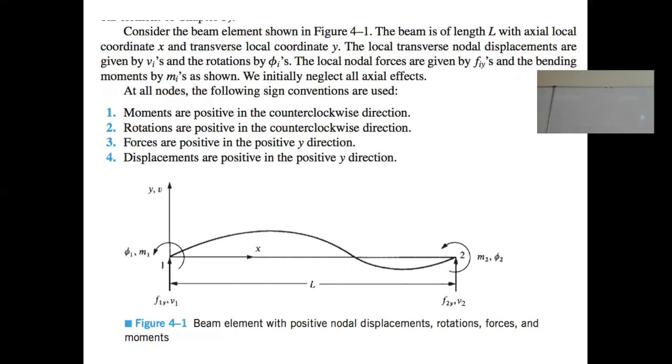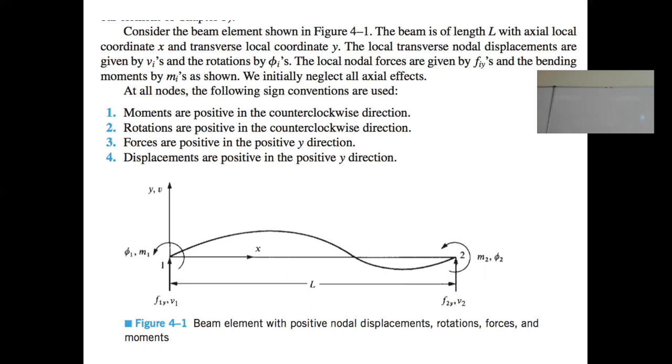Now, what about the rotation? Phi, how do you relate it to the deflection? It's just the slope, right? In terms of finite element, your unknown, your independent variable is V, the deflection. How do you find it?